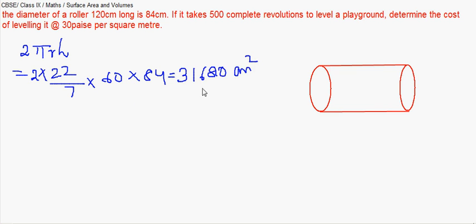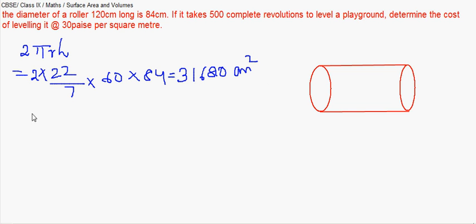This is in one revolution. Now it says it takes 500 such revolutions to level a playground. So in one roll, it is covering 31680 centimeters square.